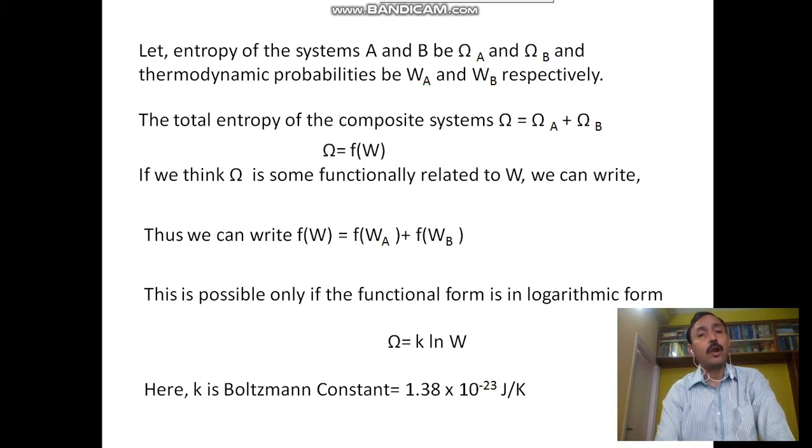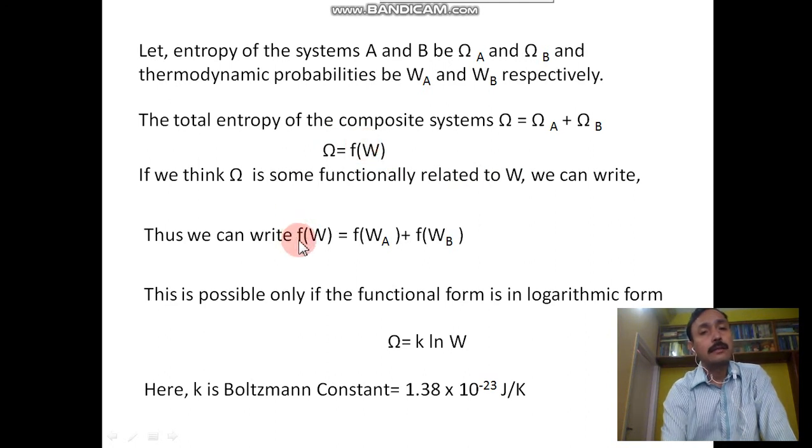The total entropy of the composite system sigma is equal to sigma A plus sigma B. Thus we can write sigma is equal to a function of W, sigma equal to f(W).